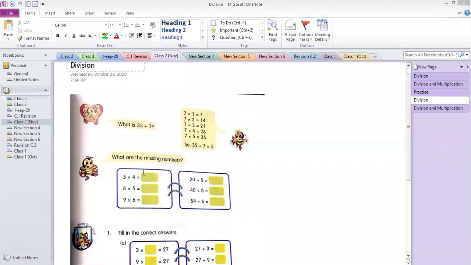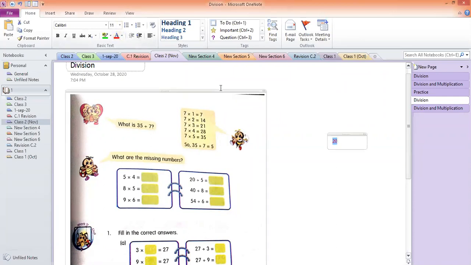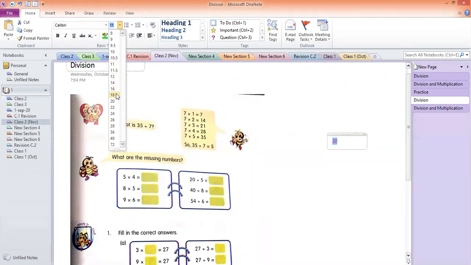Can you tell me 5 multiplied by 4 equals to what? 5 multiplied by 4 is 20. Like this. So can you tell me 20 divided by 5 will be equal to what? If 5 multiplied by 4 equals to 20, then 20 divided by 5 equals to what?